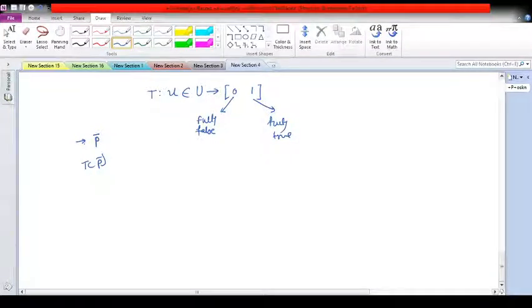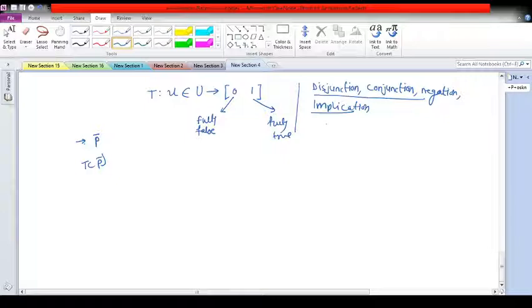And again, the same logical connectives, that is the disjunction, then conjunction, negation, then your implication, and this will be helpful for me to define the rule based system.